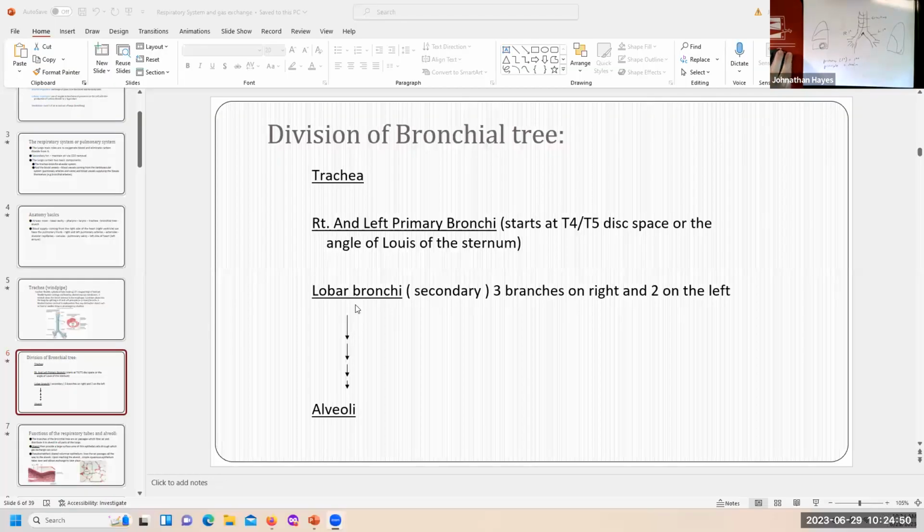But again, what's happening is we're trying to increase surface area, and we're trying to decrease the size of the tubes, because eventually we need to be down to almost a single layer width. So we're getting progressively smaller, smaller, smaller until we get down to the alveoli.